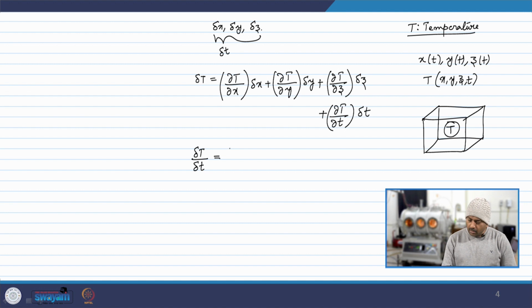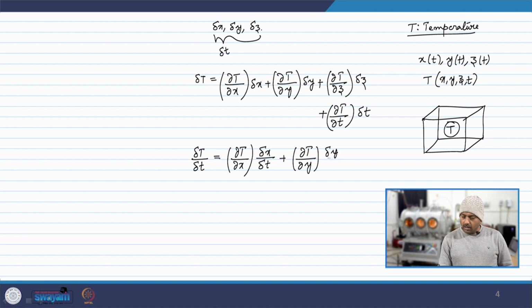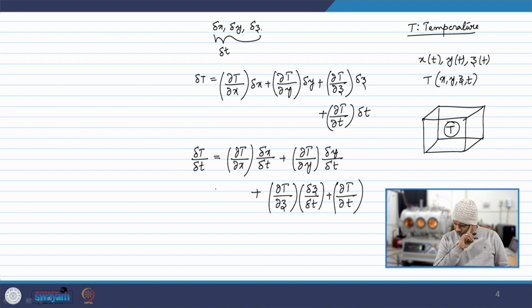So, the equation will simply look like this: dou T by dou x delta x by delta t plus dou T by dou y delta y by delta t plus dou T by dou z delta z by delta t plus dou T by dou t.